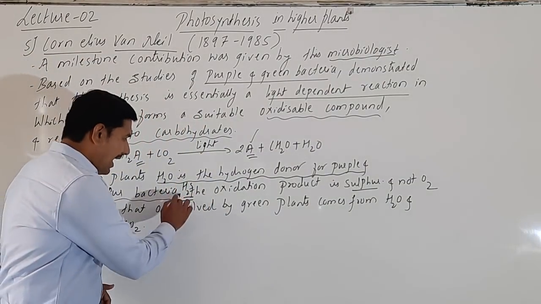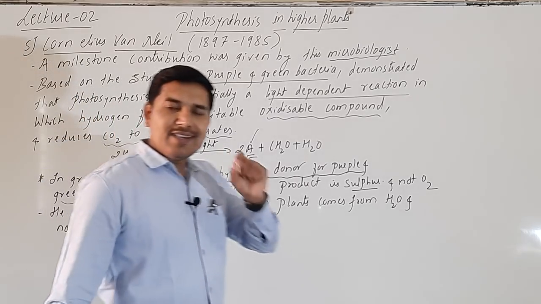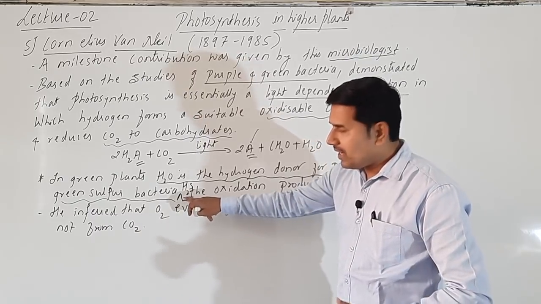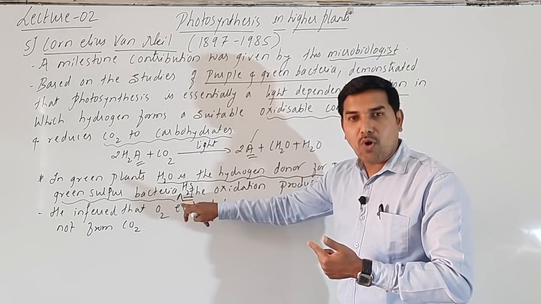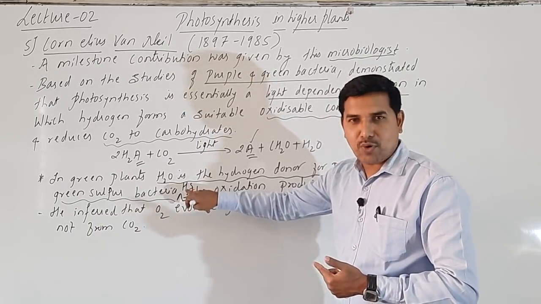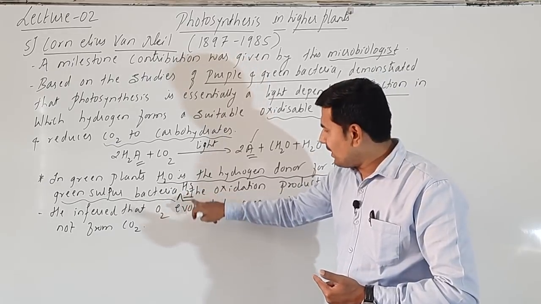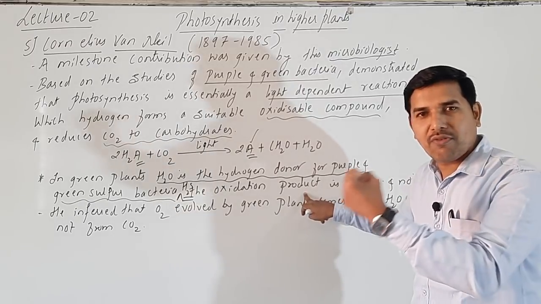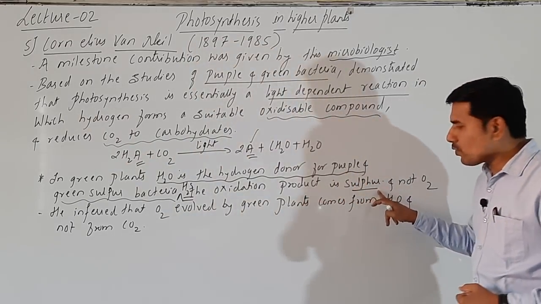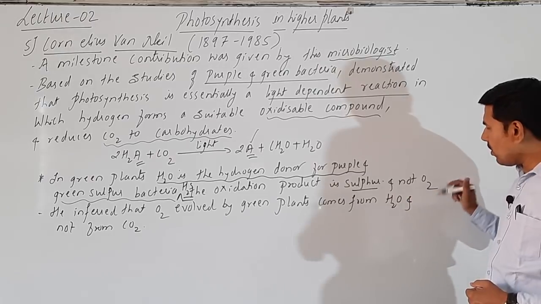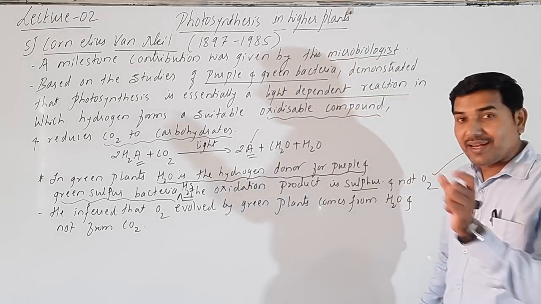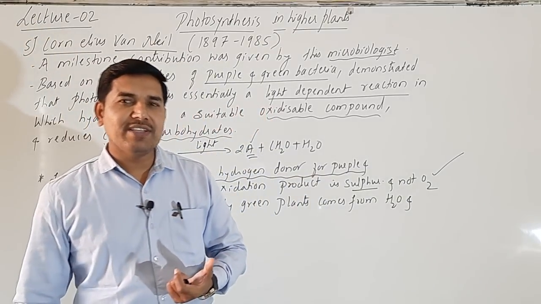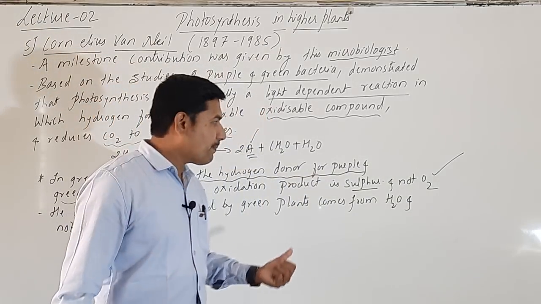So, here add the statement, instead of water, if H2S is used, oxidation means removal of hydrogen, then the product would be sulfur and not oxygen. In case of H2S, if hydrogen sulfide is used instead of water, then the product is sulfur.